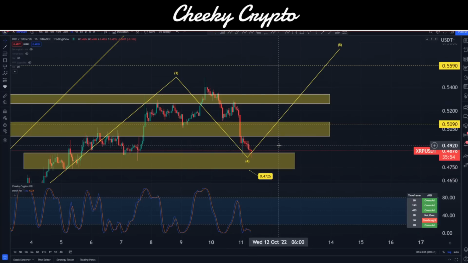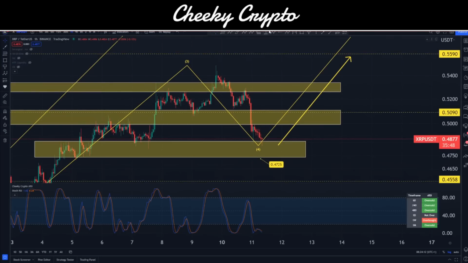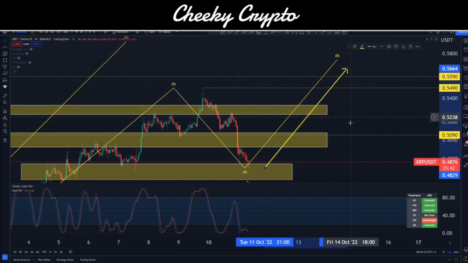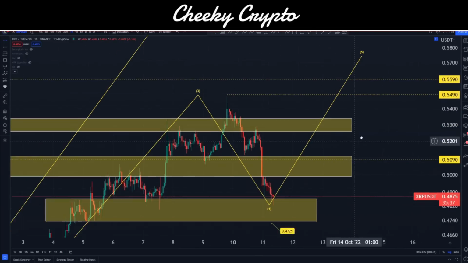So yeah, the next move I think for XRP, up. Okay, and I haven't got a clean target for it, but my expectations would be that it goes up higher than 54.90. That would put us into a pretty reasonable spot, and basically, yeah, we can ride that one out.